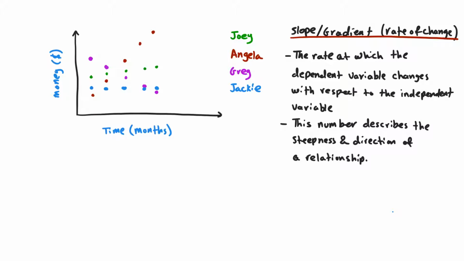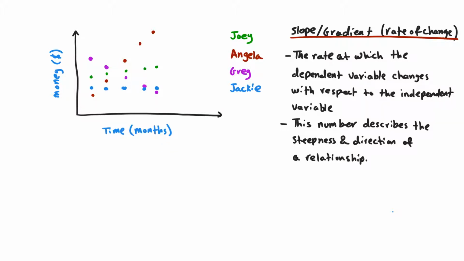So the slope, or our gradient, is the rate at which the dependent variable changes with respect to the independent. And in this example, again, our dependent is money and our independent is time.